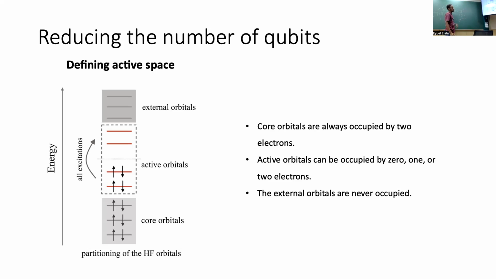So if we define the active space to be the given box, we can reduce the size of our Hamiltonian. So we can spend only a few qubits to simulate this.